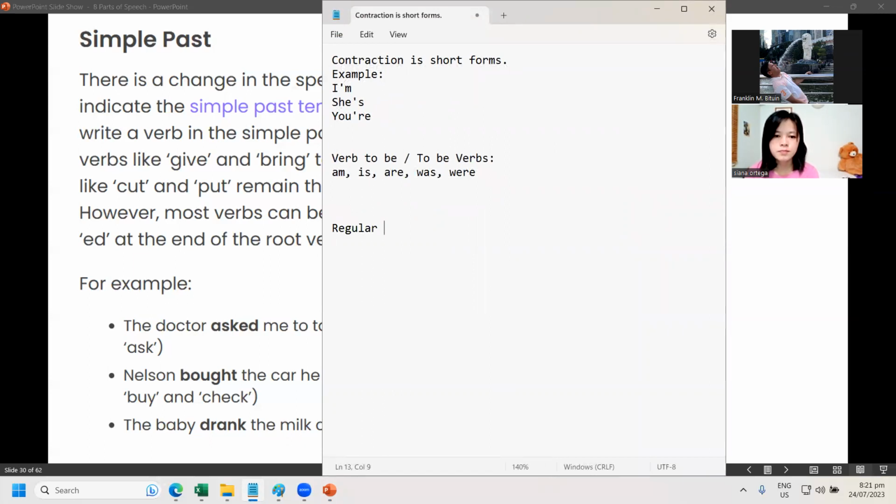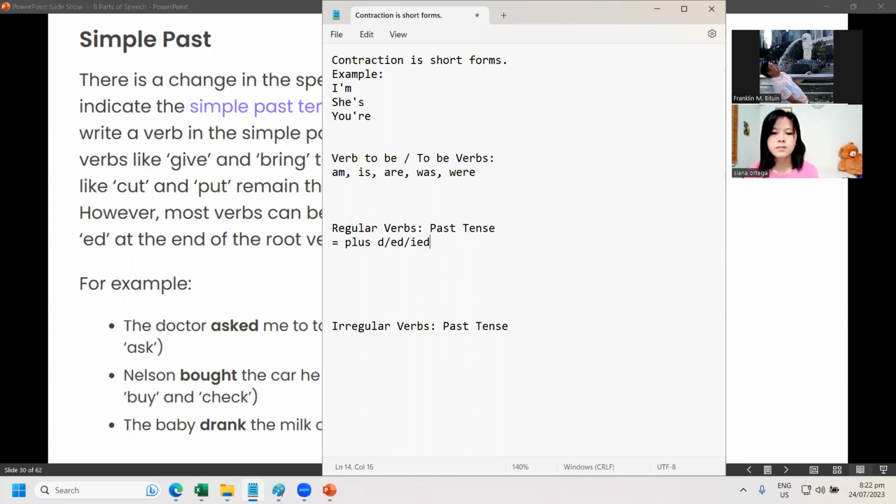Regular verbs. And then we also have the irregular verbs. Now, what happens to the irregular verbs when you are using the past tense? For the regular verbs, you just add ed, or just plus d or ed or ied.